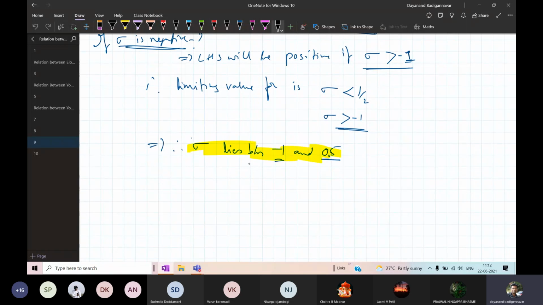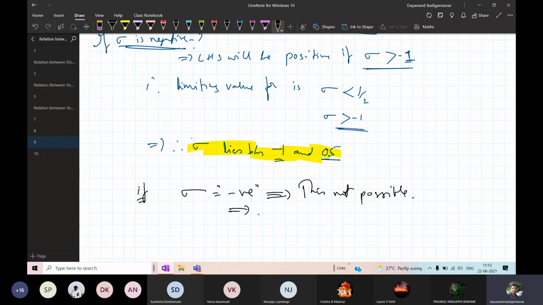Now the sigma that you have cannot be negative. If you take sigma negative, this is not possible physically.